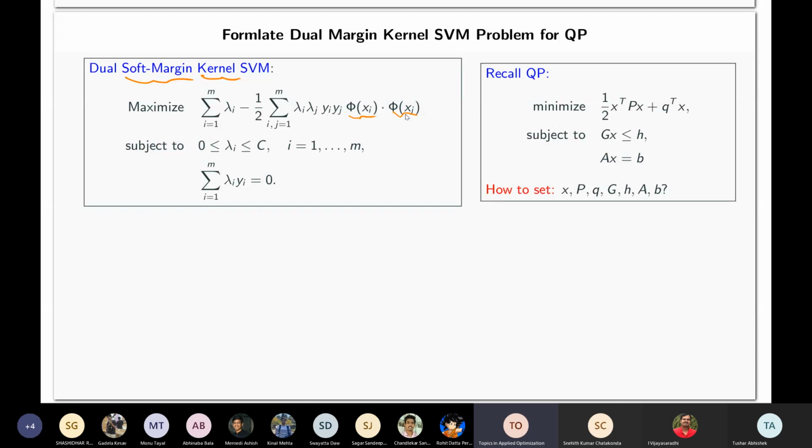So how does this map to what we know from before? Recall the quadratic program: a quadratic objective, affine inequality constraints, and affine equality constraints. The whole point now is, given a new problem, how do you put it into the form that you already know?